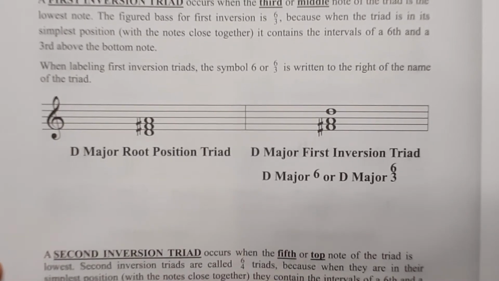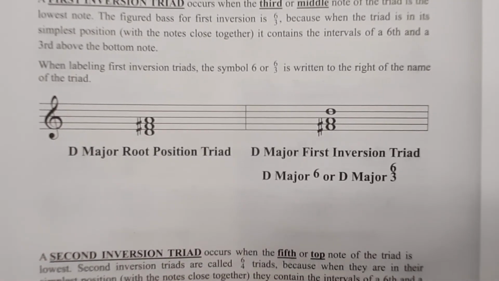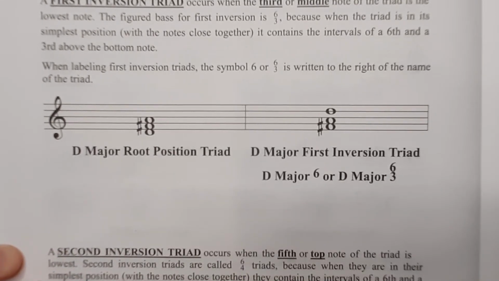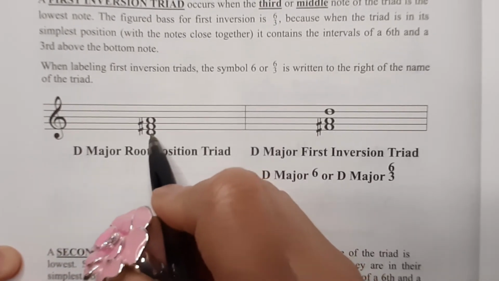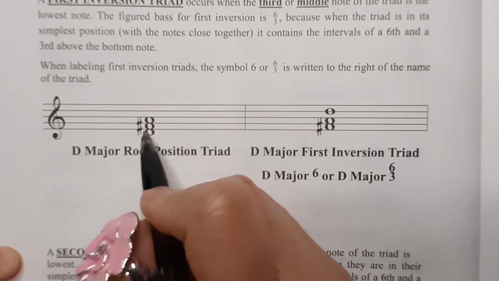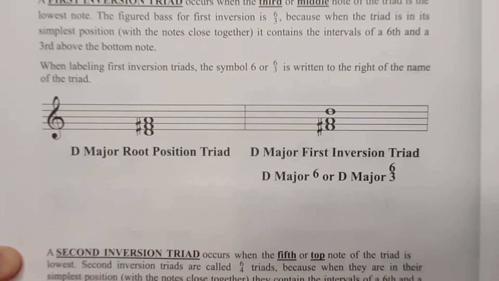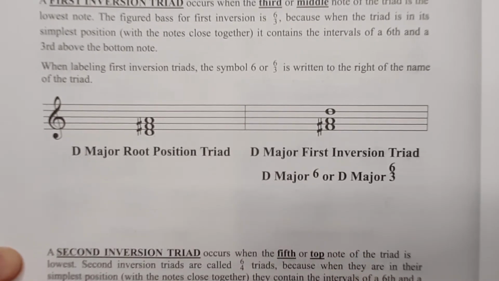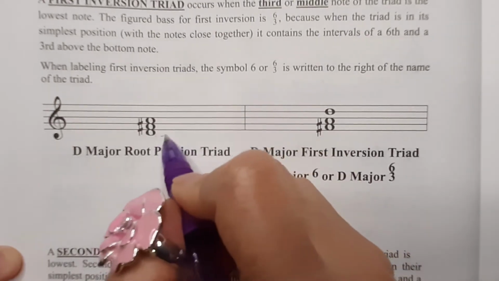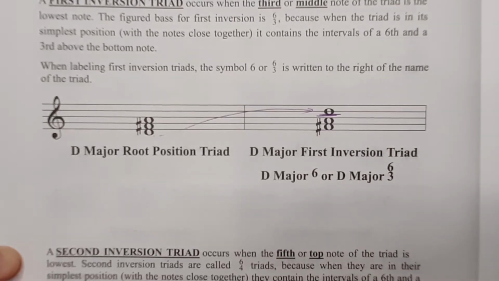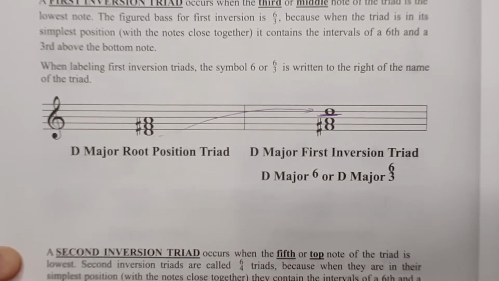Now we're going to learn root position, first inversion, and second inversion. I'm sure you already know it, but we're going to review it anyway. This is root position because there's no gap. Space, space, space. And you know this is D major. Now when you bring the D to the top, you're going to have a gap on the top.